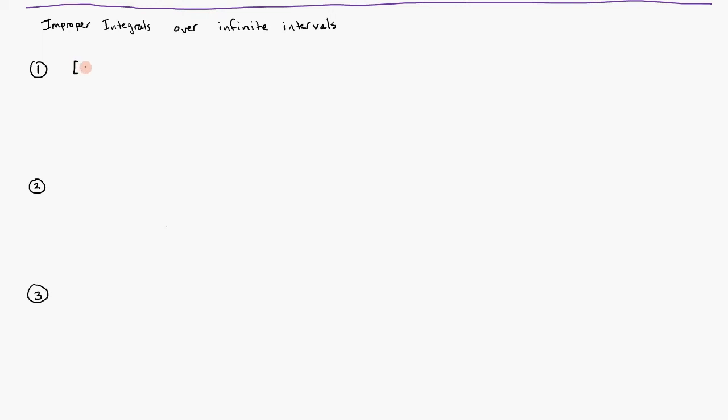Suppose you have an integral where the right side goes to infinity. The second kind is if you have an interval where the left side goes to minus infinity, and you can have an interval where both the left and the right side go to infinity. Okay, so then let's see what kind of region you might have.